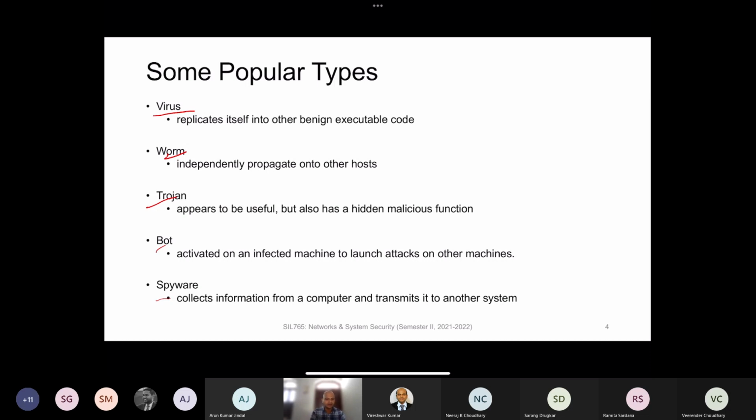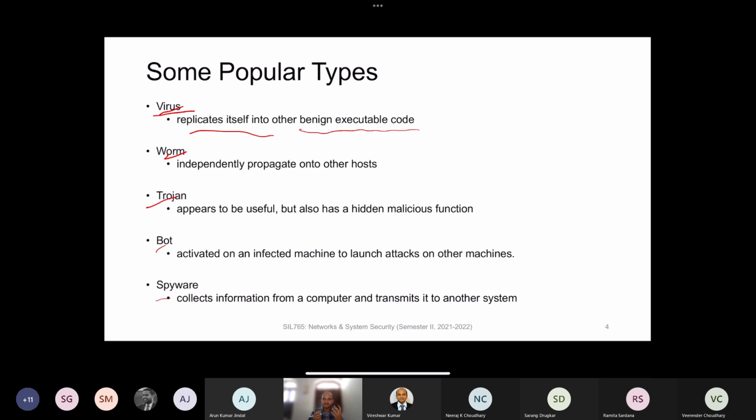Okay, if we talk about a virus, this malware may have many different properties. The basic distinguishing property is that it targets some benign executable code and replicates itself into it.